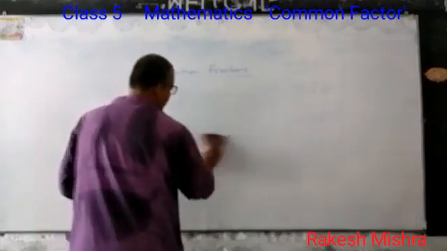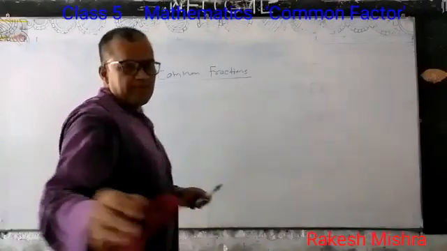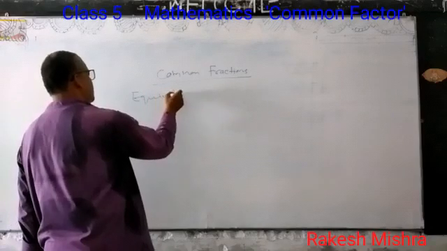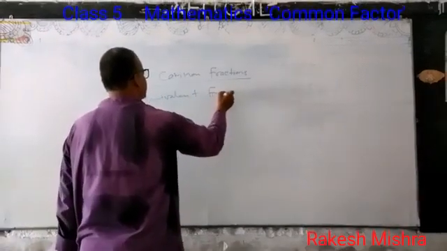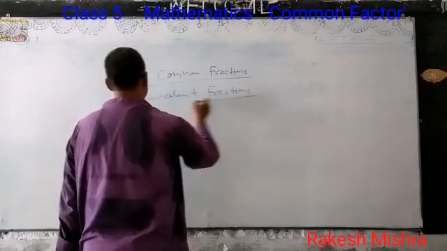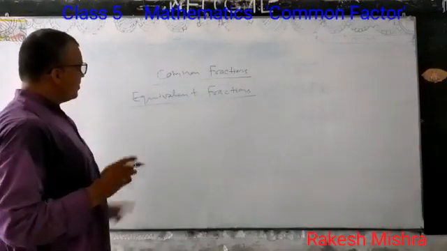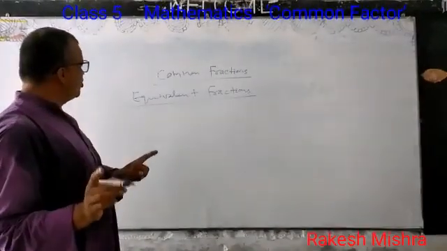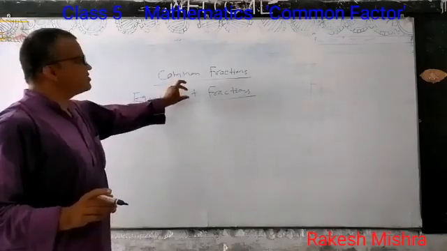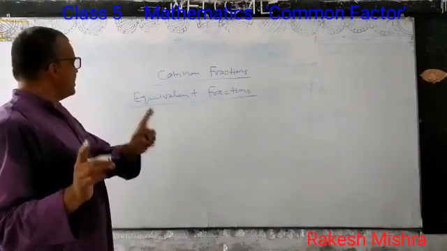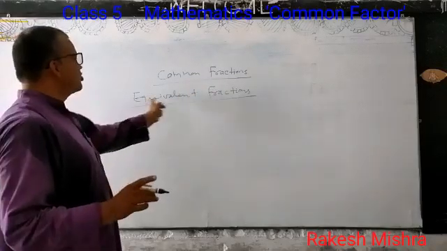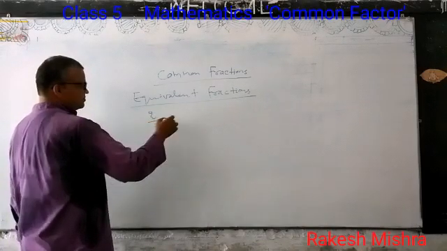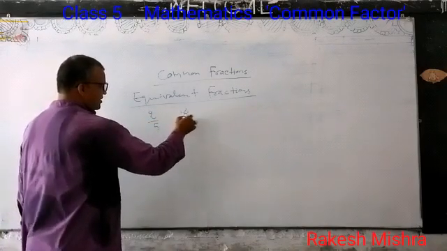Now we will know about equivalent fractions. By name it is clear. What is this? Fractions having same value, equal value. Equivalent means having equal value. It means fractions having equal value are called equivalent fractions. 2 by 5, 4 by 10.